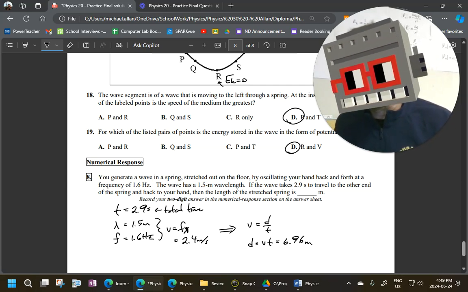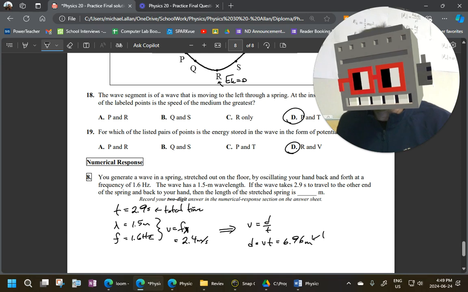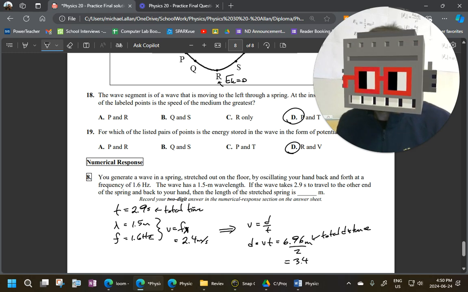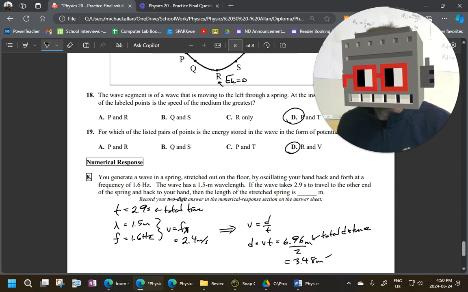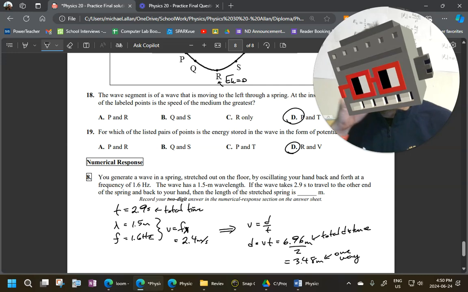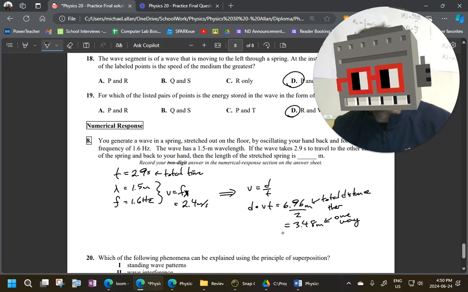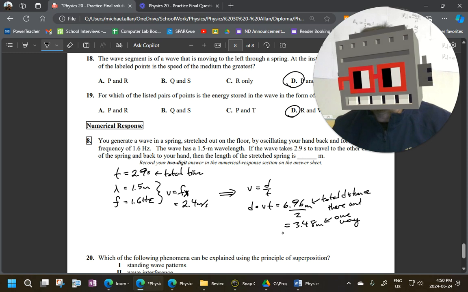And then, because this is the total distance, I'm going to have to divide this by 2. 3.48 meters one way. There and back.